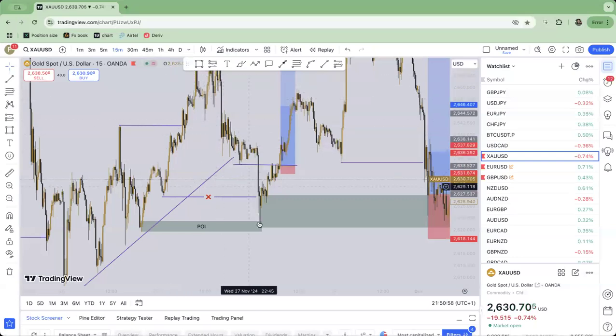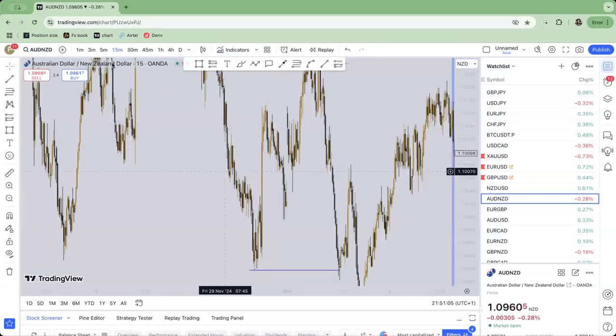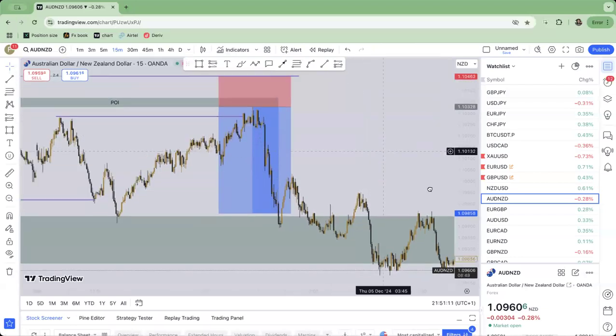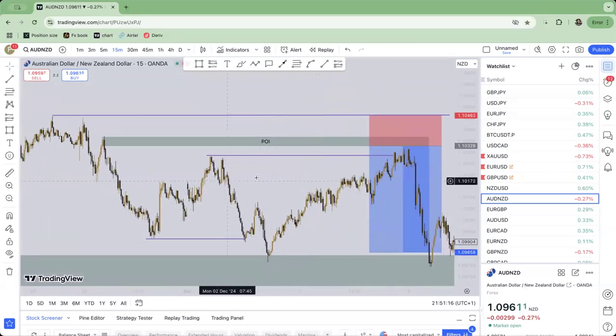The market came back to this particular demand, which is where it actually moved. This particular trade on the AED NZD was a perfect kind of supply, which is what I was trying to explain.